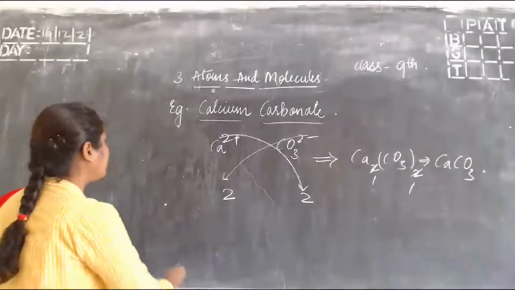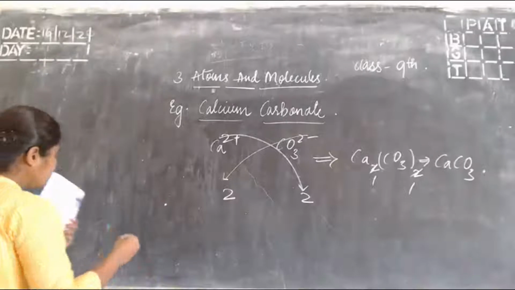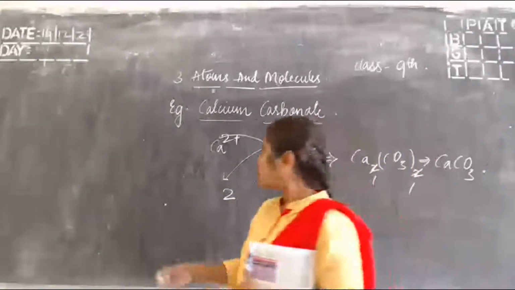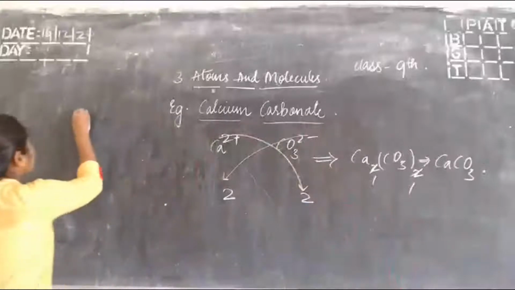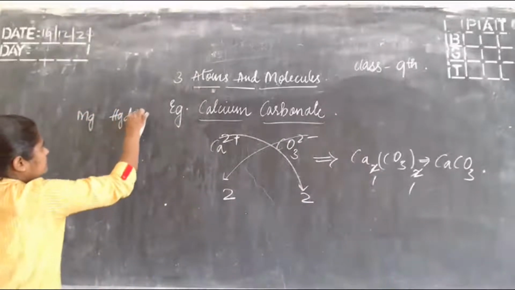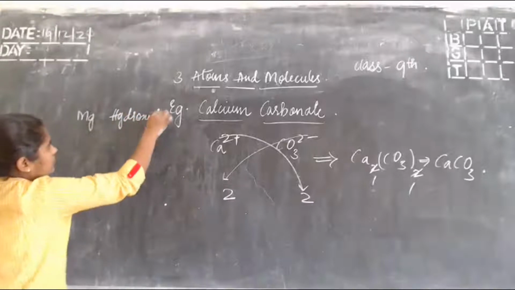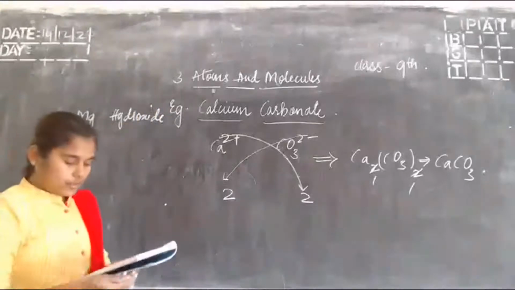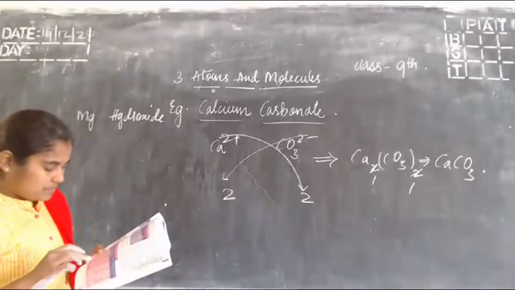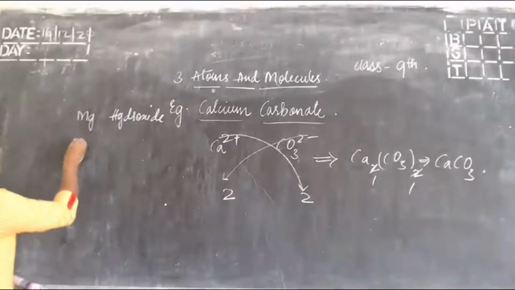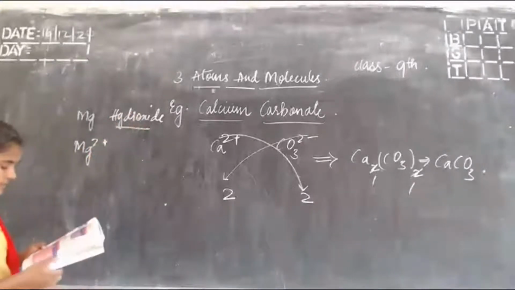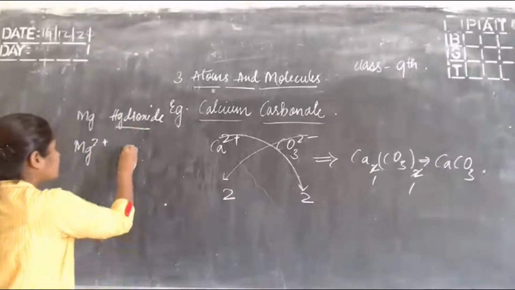Next example, take magnesium hydroxide. From that table, magnesium has Mg2+, and hydroxide has OH-.